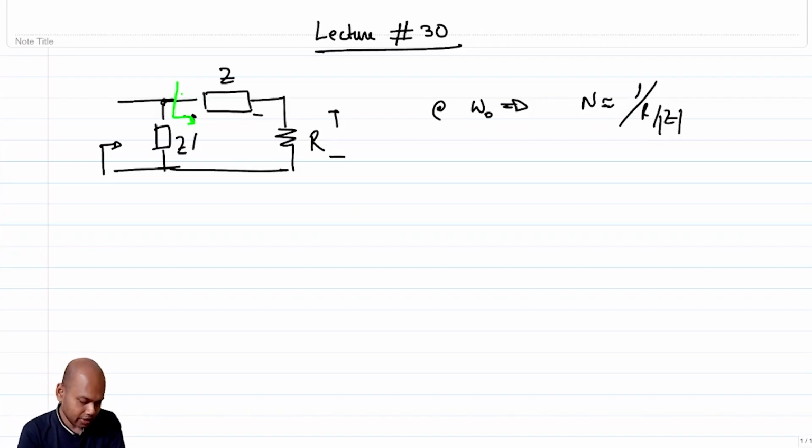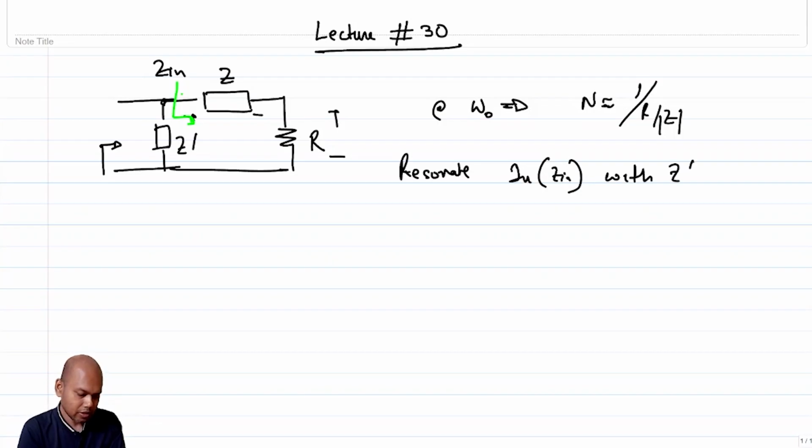Then the second step is, if you resonate out the imaginary part of Z in with Z prime, then we get the impedance transform, not Z transform as in digital signal processing.